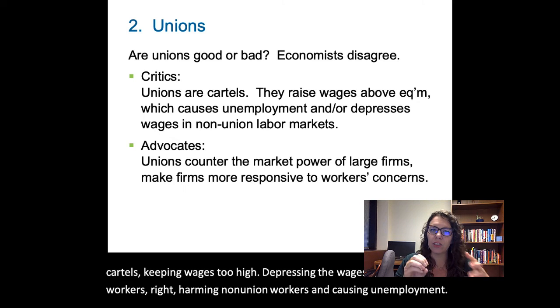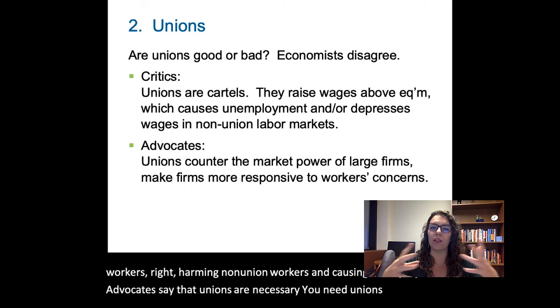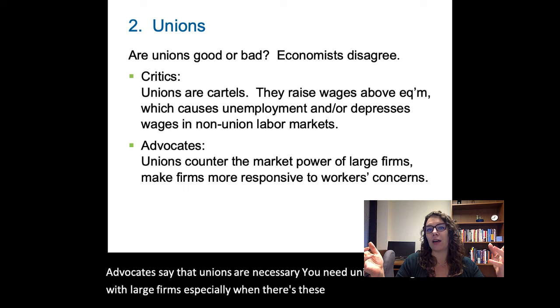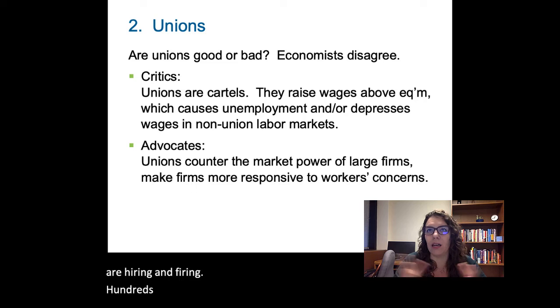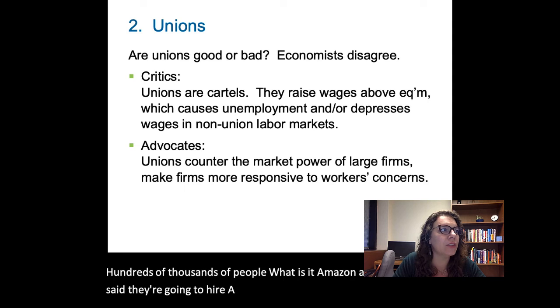Advocates say that unions are necessary. You need unions to negotiate with large firms, especially when there are these super mega firms that are hiring and firing hundreds of thousands of people. Amazon and Walmart both said they're going to hire 150,000 more workers for the holidays, something like that.